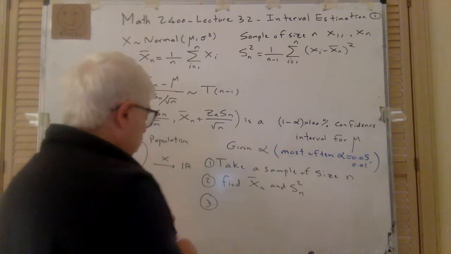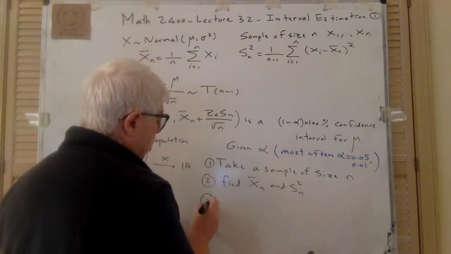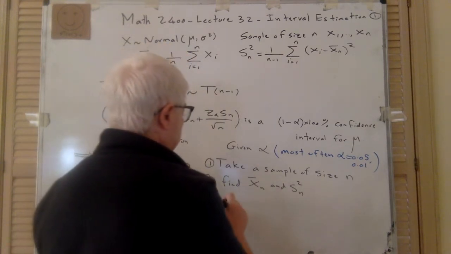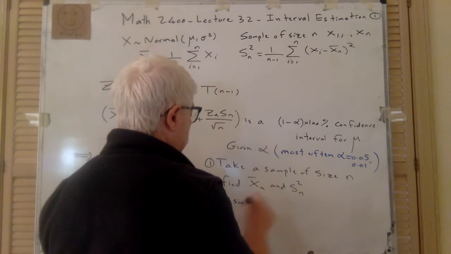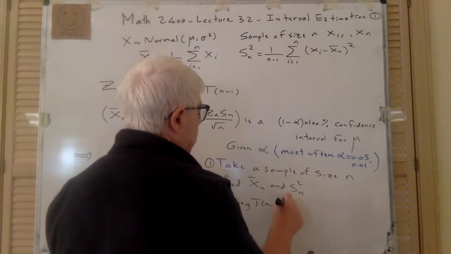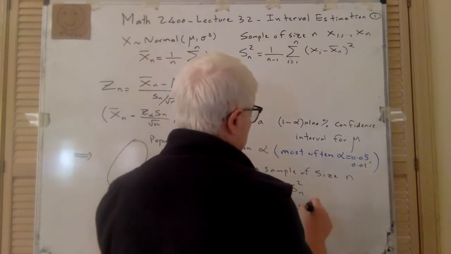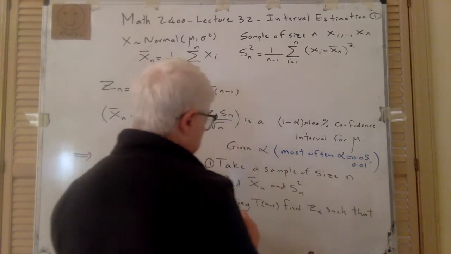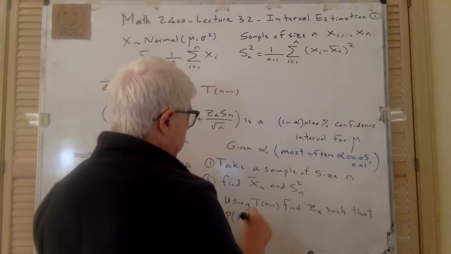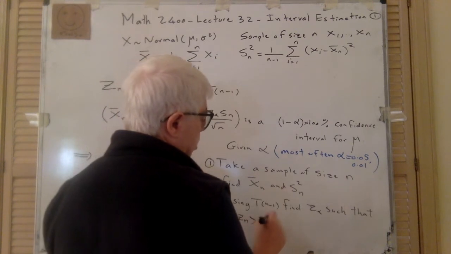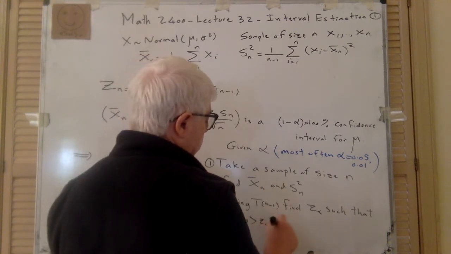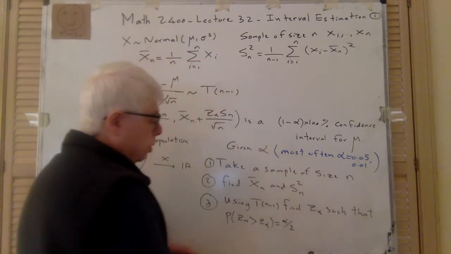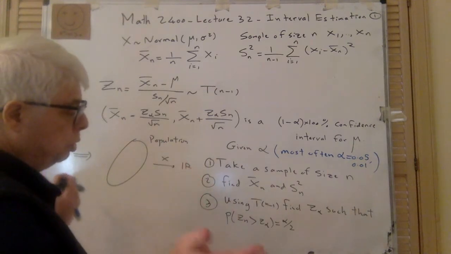Given those two, but it can be any number between 0 and 1, find, using T n minus 1, z alpha such that the probability that Zn is bigger than z alpha is alpha over 2. Okay? Remember, the two sides were alpha over 2.